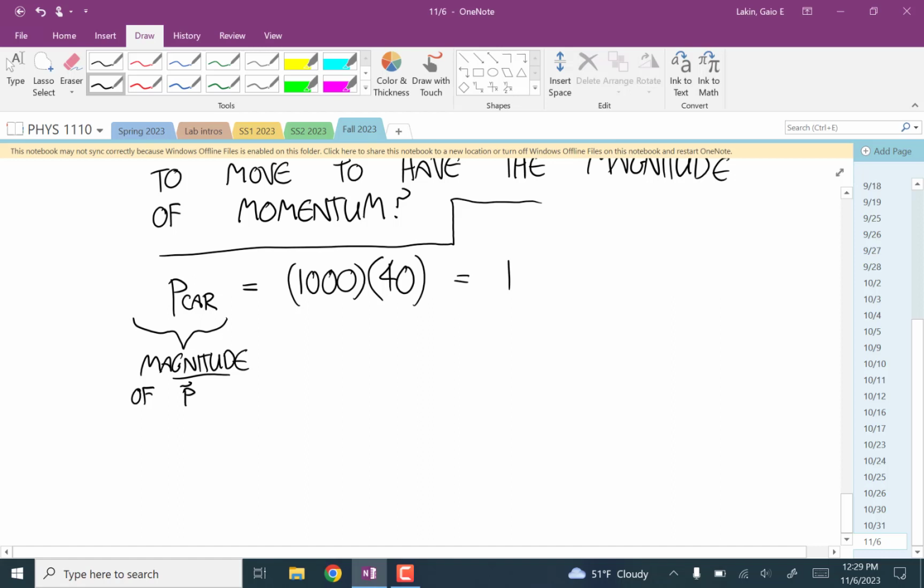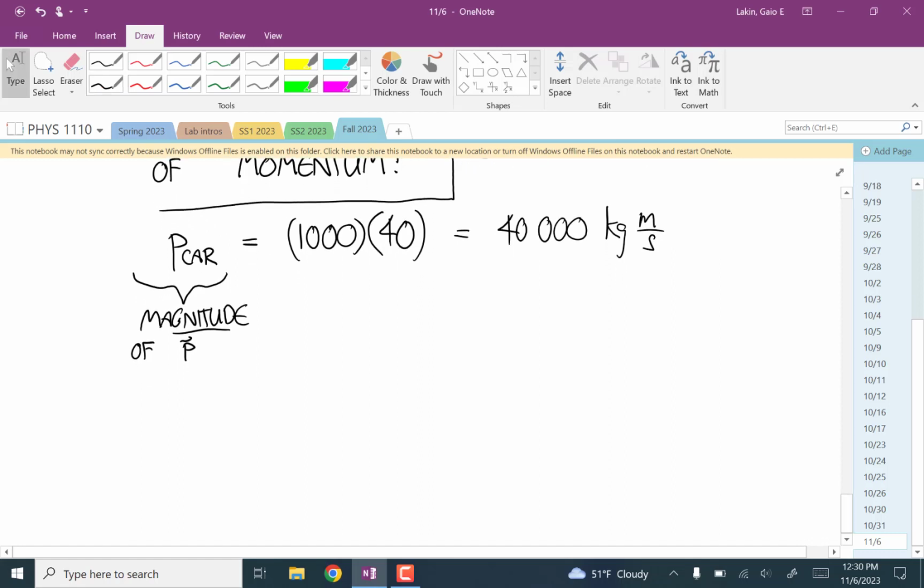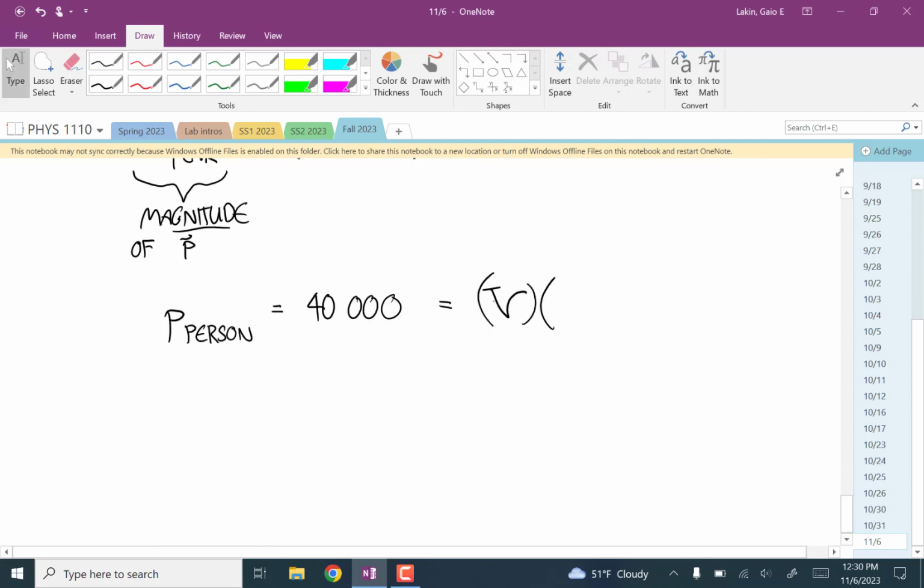And so you get 40,000 kilogram meters per second. Okay. So now the magnitude of the person's momentum is going to be equal to that same amount, that would have to be equal to the mass times some speed that we're going to calculate, times 50.